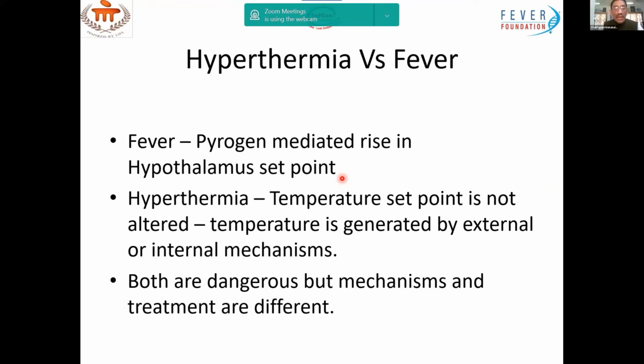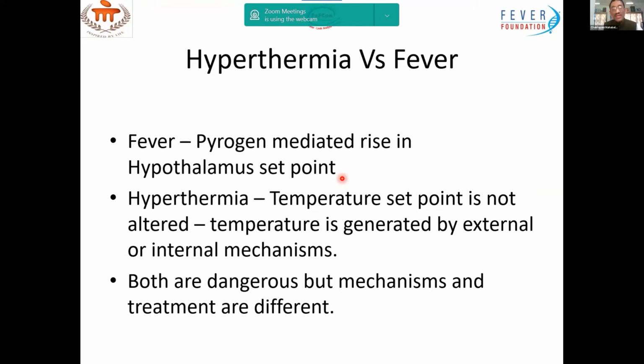That is fever. In hyperthermia, the temperature set point is not altered. The hypothalamic alteration of set point doesn't occur, but the temperature is generated either by external mechanisms or because of internal mechanisms. Here, the hypothalamus is not changing the set point; it is remaining wherever it is.